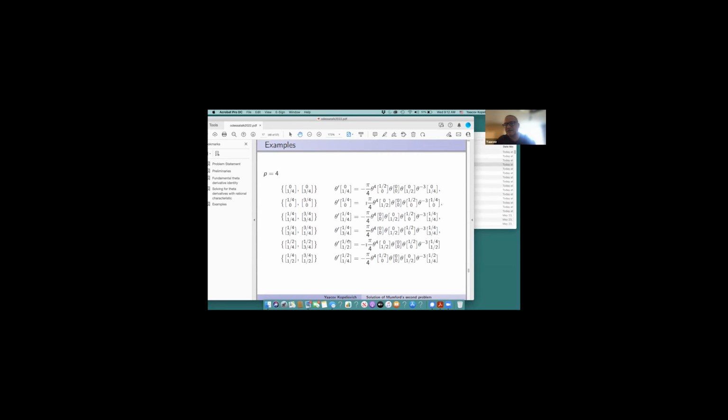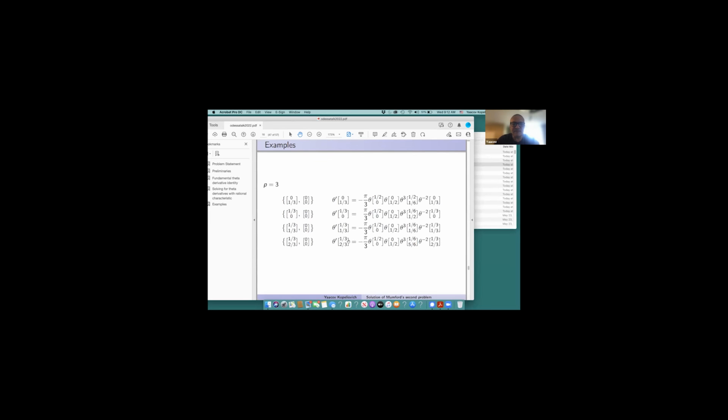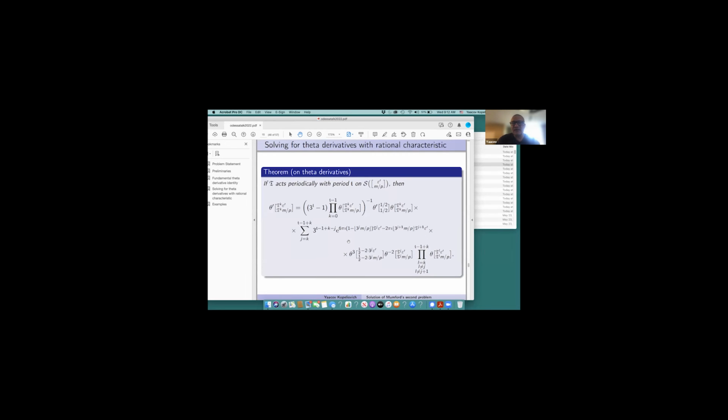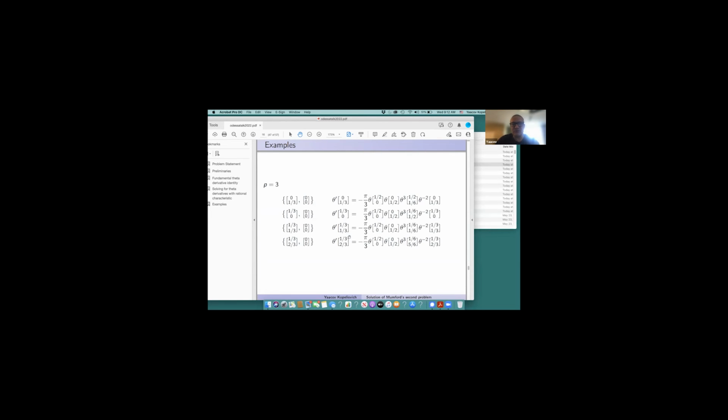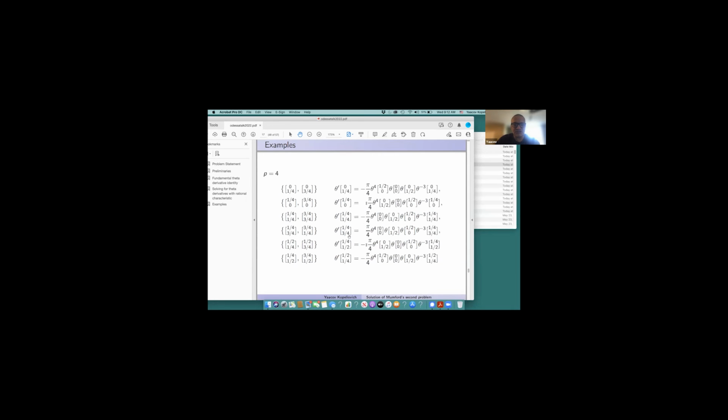Because you have products. You don't have these sums. The sums in this big formula for small primes collapse into products. That's what happens here. This sum will collapse into products. So that's why we included it, because we thought it would be a nice addition to our presentation.